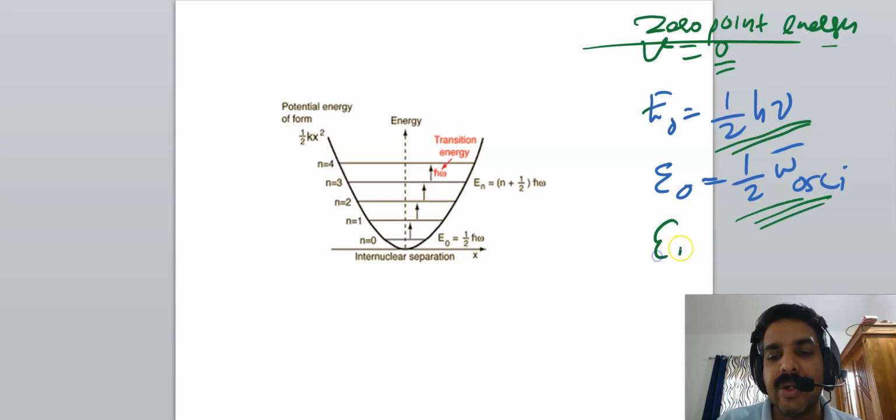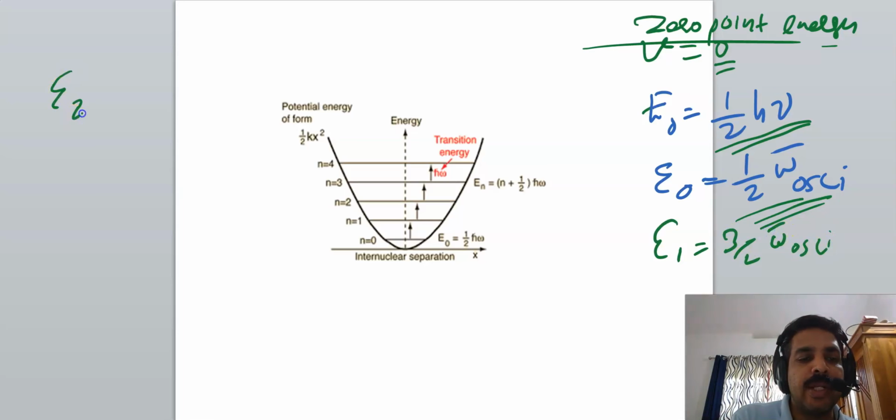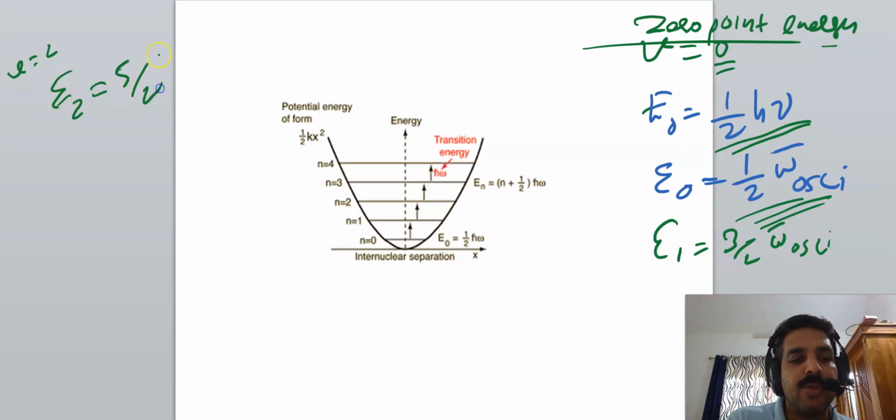And when V is equal to 1, epsilon 1 is equal to 3 by 2 omega bar oscillation. And when V is equal to 2, we get epsilon 2 is equal to 5 by 2 omega bar oscillation.